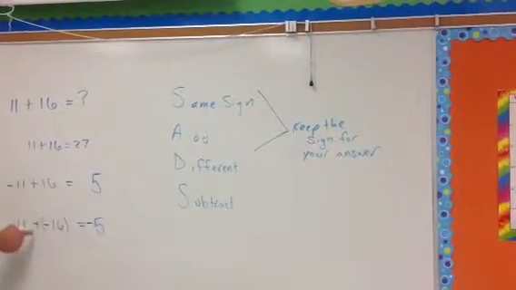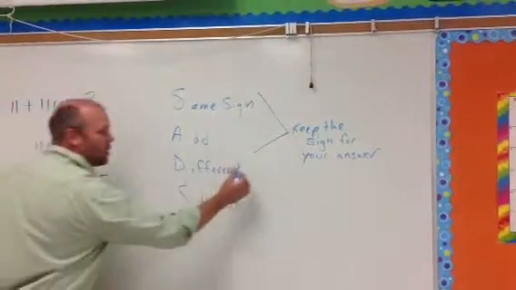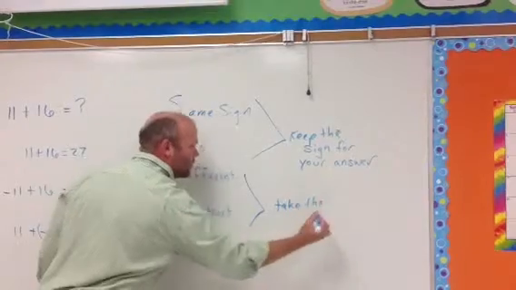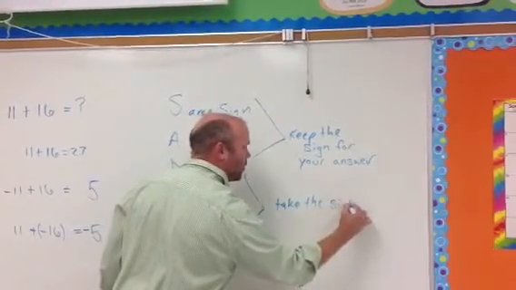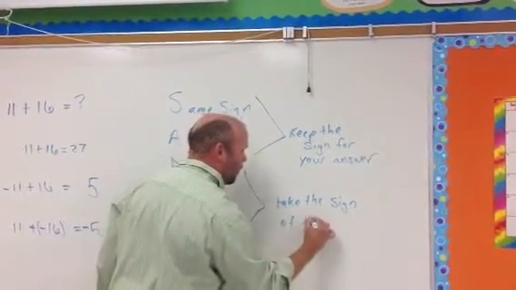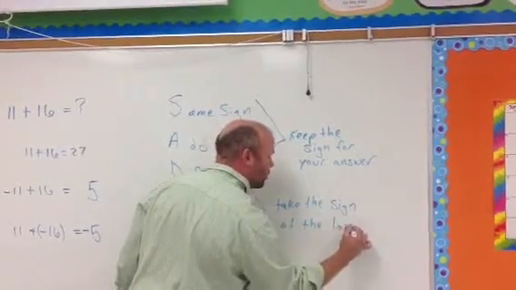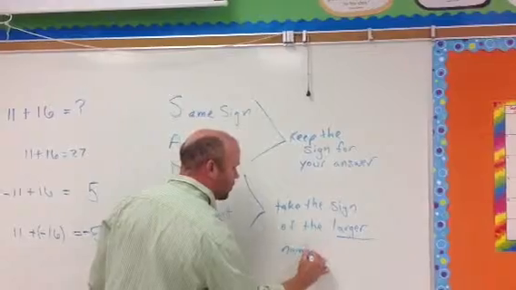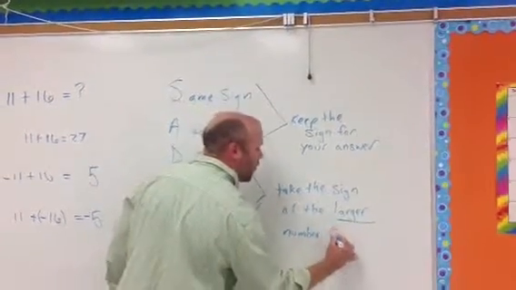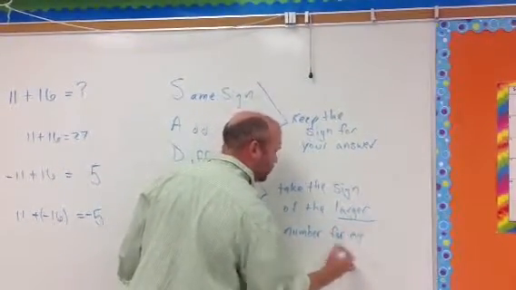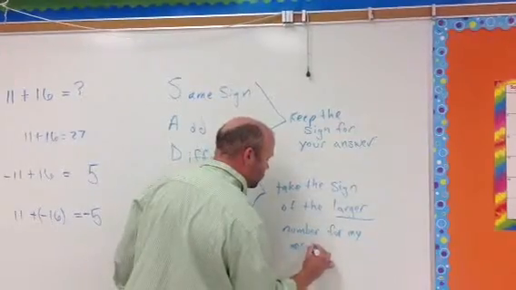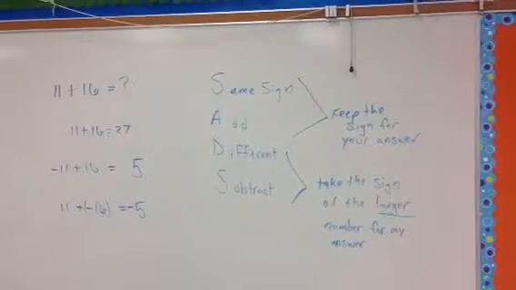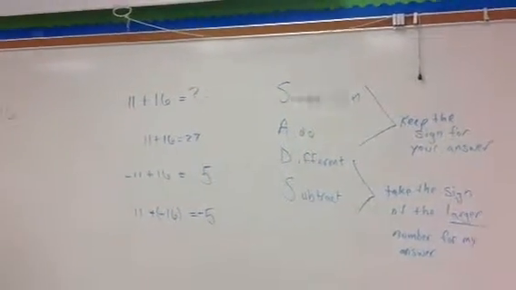If I had different signs, like these two examples, I take the sign of the larger number for my answer. This concludes a short mini lesson on how to add integers.